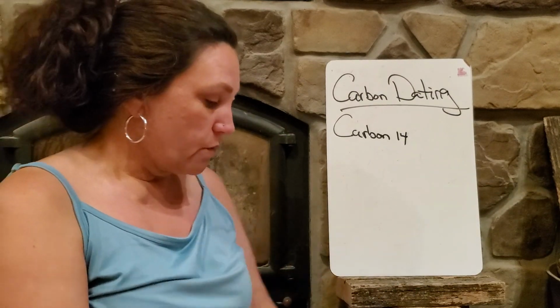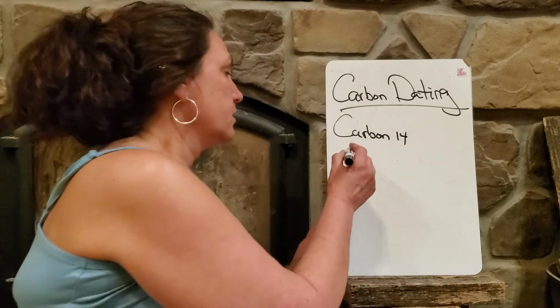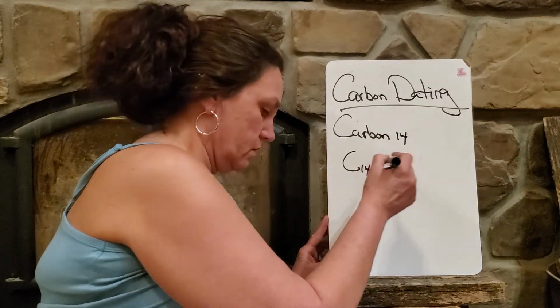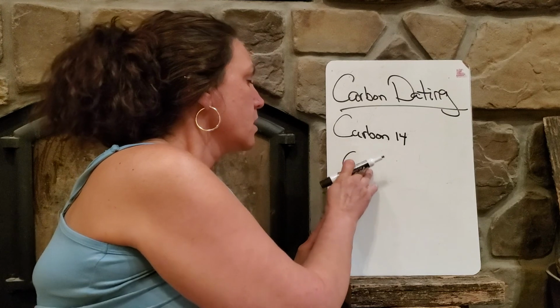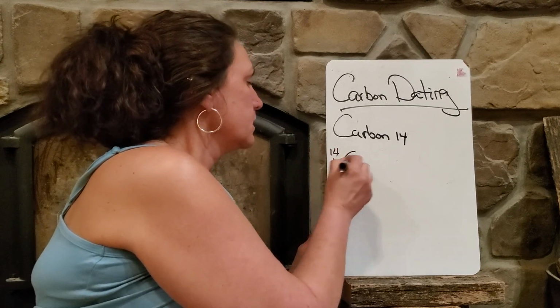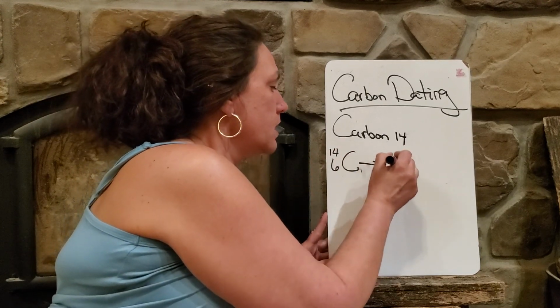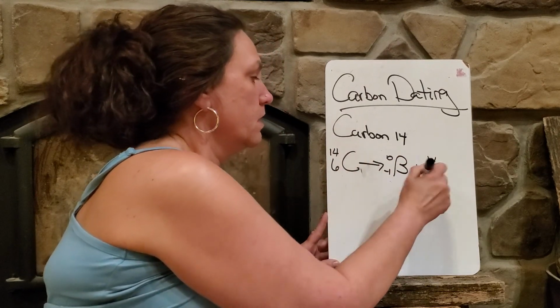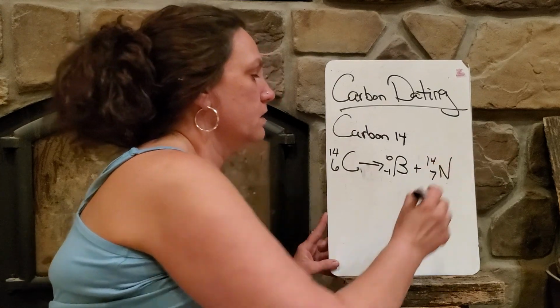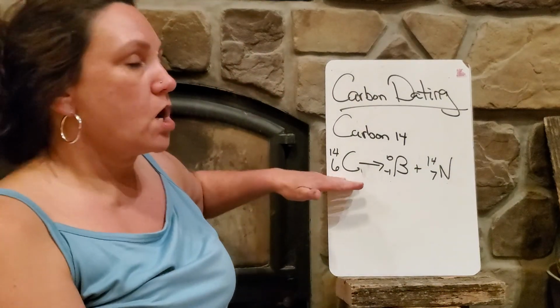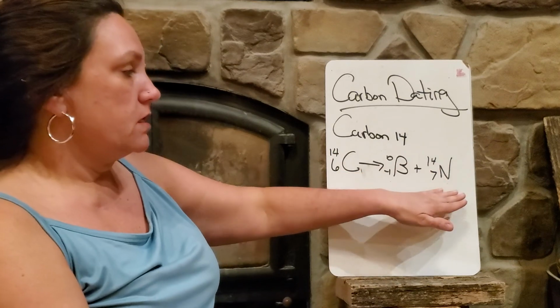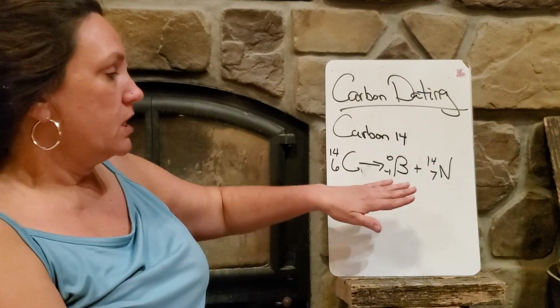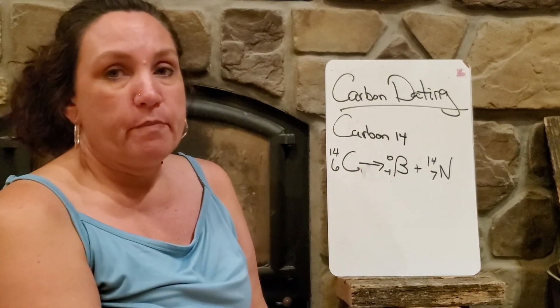This has a predictable half-life. It goes through a predictable decay. It is carbon, let's do it like this, 14, 6, beta. And so this would be 14, that would be 7, and nitrogen. So carbon-14 decays into nitrogen, and it gives off beta.